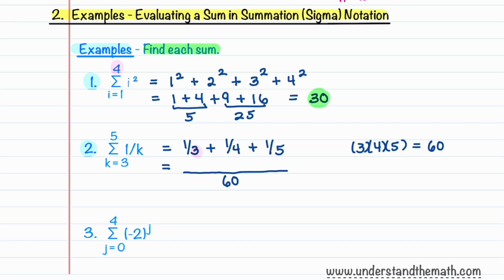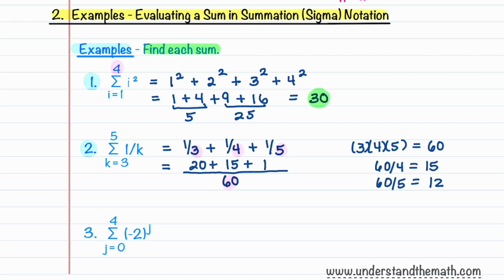And then 3 goes into 60 20 times. So we write down 20. And then 4 goes into 60 15 times. All you have to do is take 60 divided by 4 and you get 15. So we add 15. And then 5 goes into 60. Let's see what that is. 60 divided by 5 is 12.